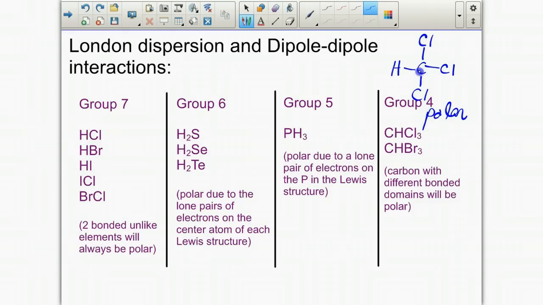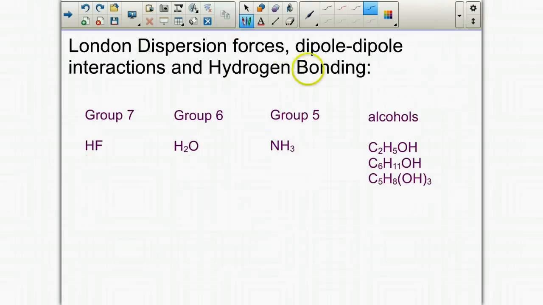Again, it's because you end up with an overall polarity. I have a pull going from hydrogen to carbon, I have a pull going from carbon to the chlorines, and so overall there's a dipole moving in this direction.